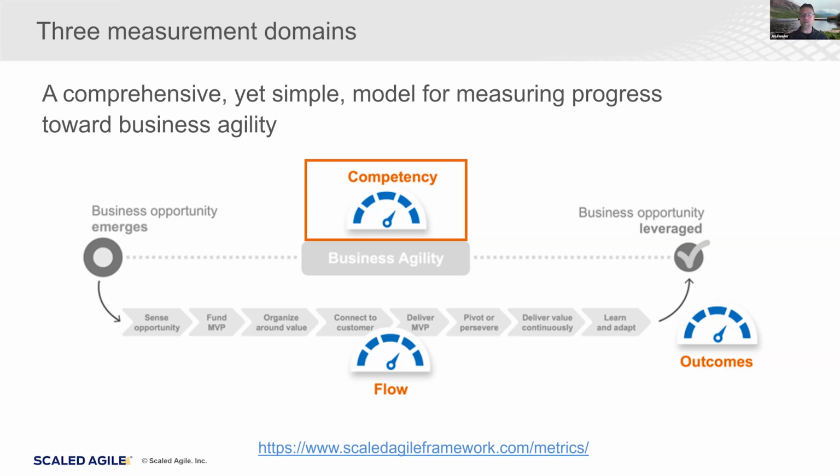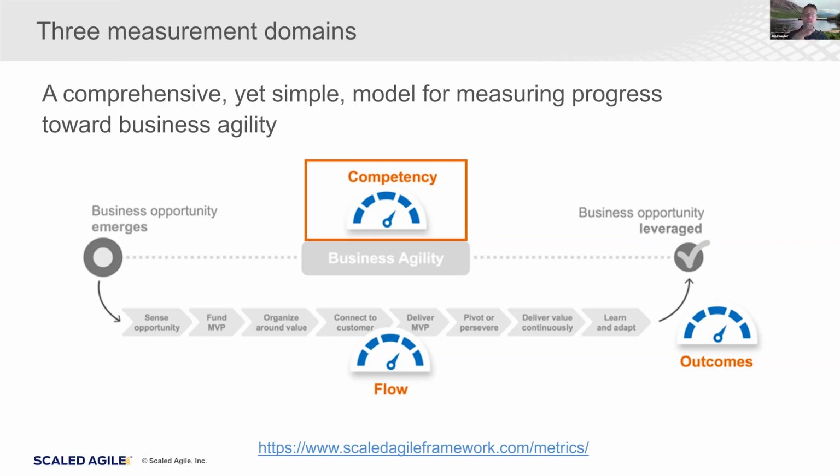We, of course, have our outcomes, which is, do our solutions actually meet the needs of our customers and of our business? And then we have the domain around flow, which is how efficient the organization is at actually delivering value to the customer through those defined steps of our business agility value stream that you see on the screen there.